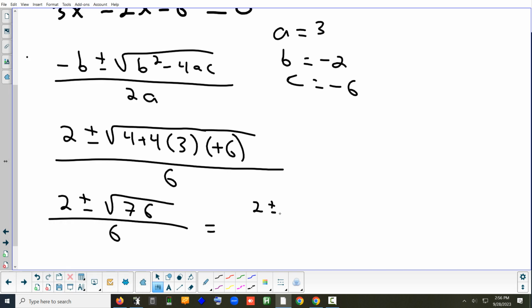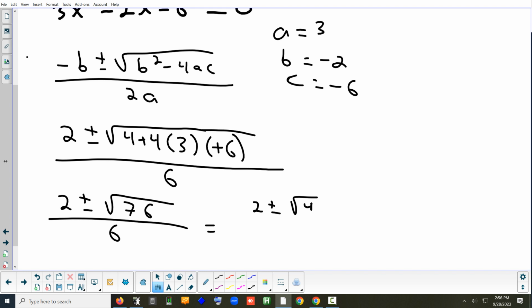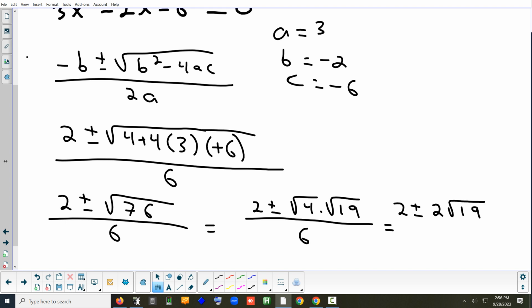So we have to break up the square root of 76 into the square root of 4 times 19, because 4 times 19 gives you 76. Right, and now what's the square root of 4? 2. So you get 2 plus or minus 2 root 19 over 6.